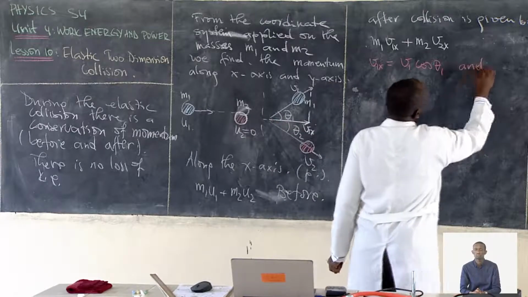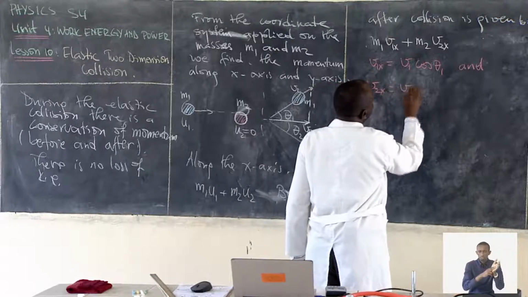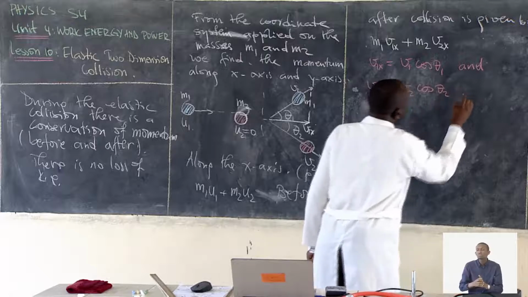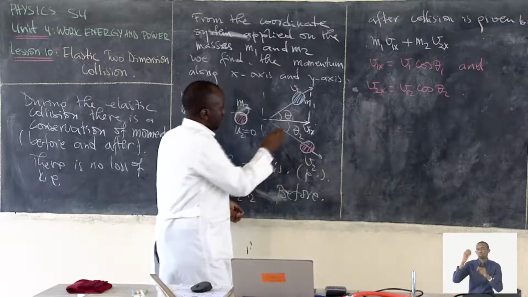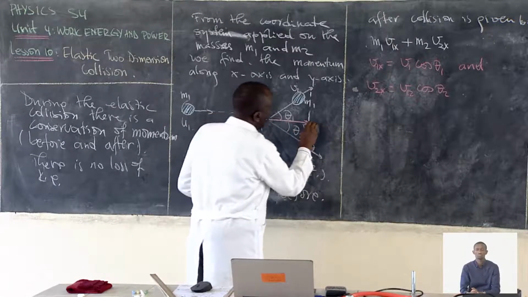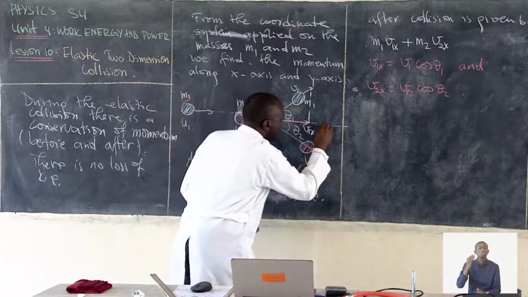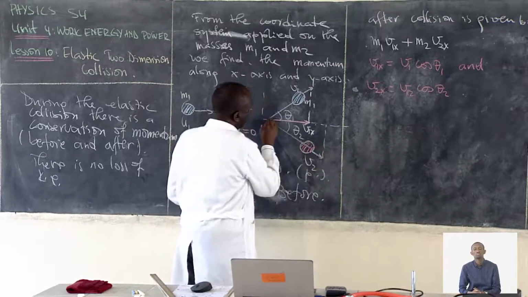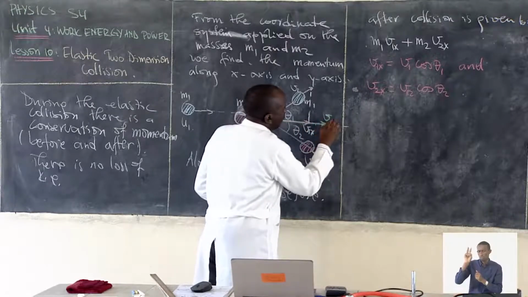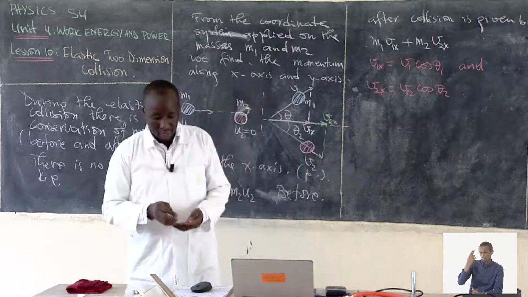And V2x will be equal to V2 cosine theta 2, and this is the component. From here, this is the component V1, right? And then let's extend that, and another one here is V2x along the x-axis.